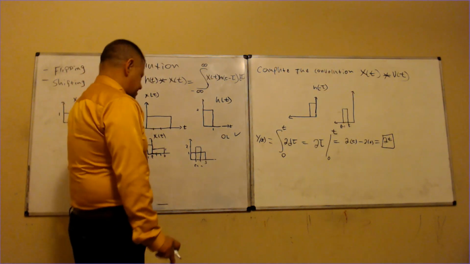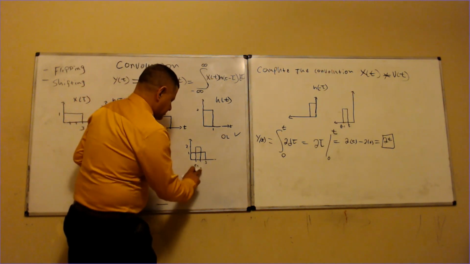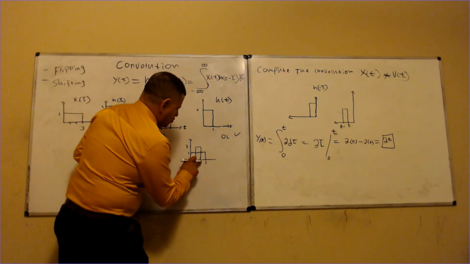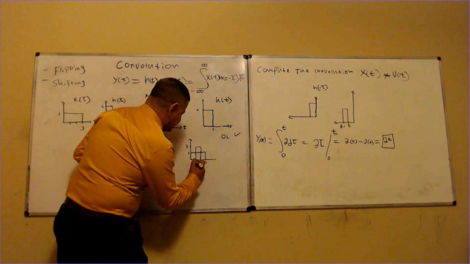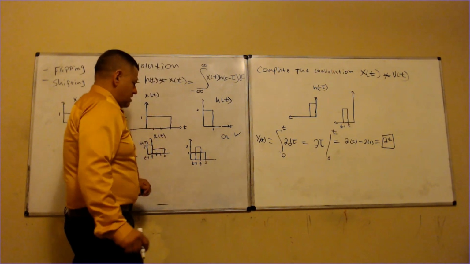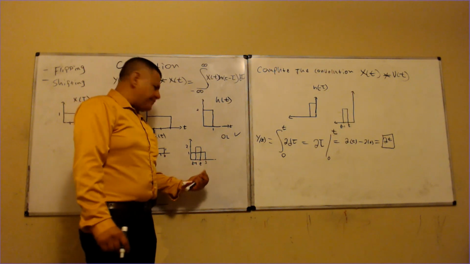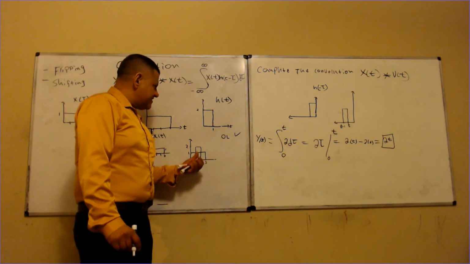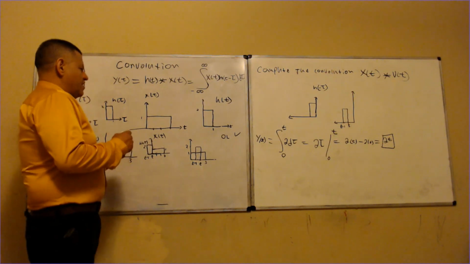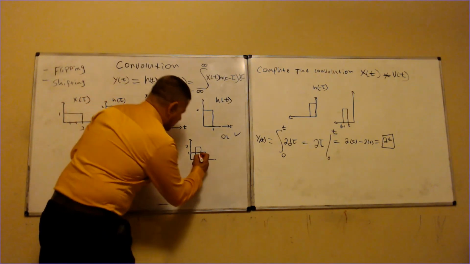The question is, do we have any overlapping? This is t minus 1, this is t. Do we have any overlapping? And the answer is yes. We have an overlapping, and the overlapping region is right here.